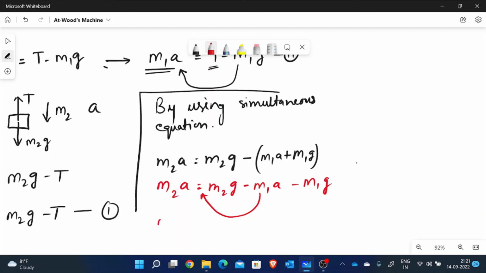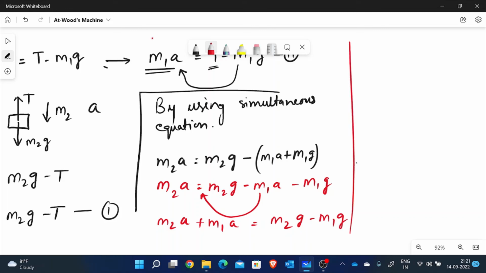Then we will get M2A plus M1A is equal to M2G minus M1G. And that's it. Here we can get the acceleration: A is equal to M2 minus M1, G common, and M2 plus M1. So the acceleration could be given as A is equal to (M2 minus M1) G divided by (M2 plus M1).